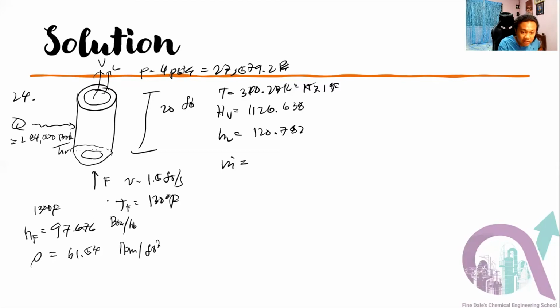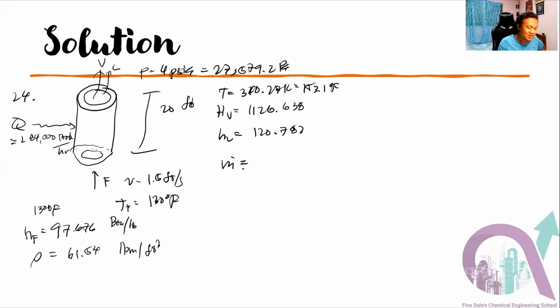Okay, so we are given the velocity, so we can get the mass flow rate, and we have the density, so it works in our favor. Well, we know this tube has an outer diameter of 2 inches and an inner diameter of 1.87 inches. So you have to find out where I get those.